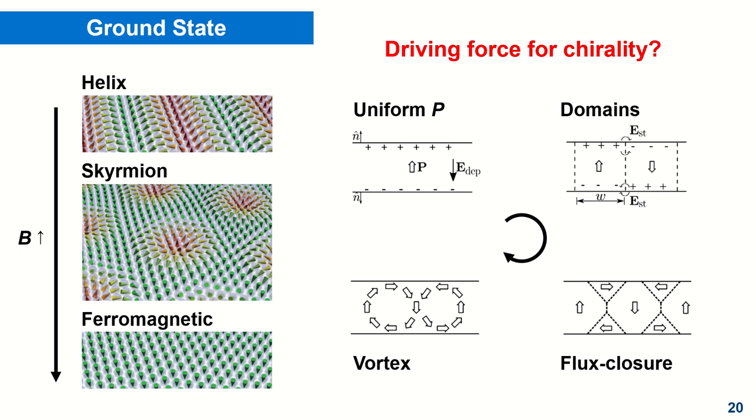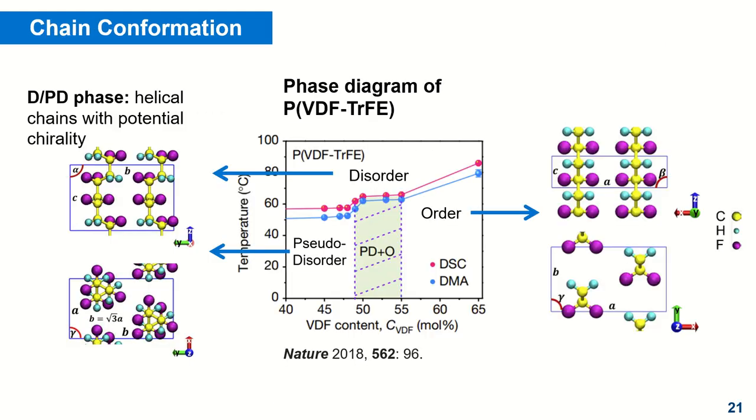One thing that makes the difference is that the magnetic ground state is chiral, so toroidal topology can be protected at small finite field, but this is not certainly the case in polar oxides, where the ground state is actually just achiral. But this can be quite different in ferroelectric polymers, as I introduced.